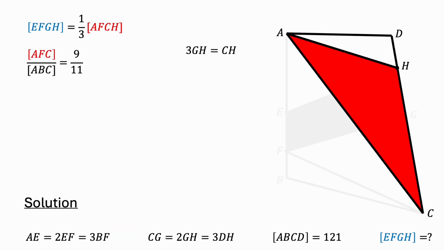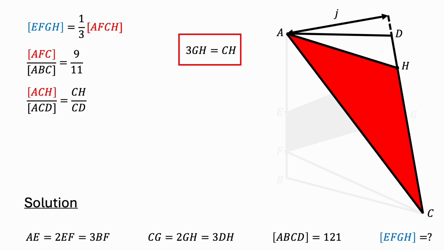Next, consider triangle ACH and triangle ACD. They share the same height j from A to CD. So, area of ACH over area of ACD equals CH over CD.